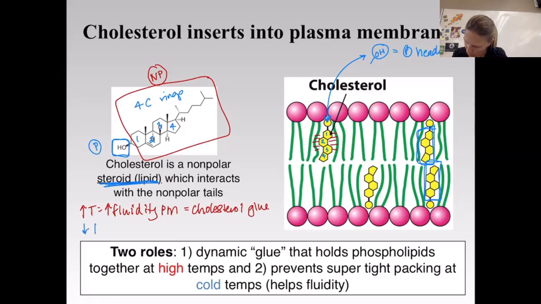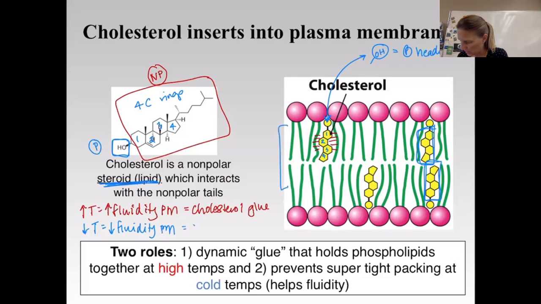In cold temperatures, we already know that you're going to have increased unsaturated, meaning more kinks. Another thing that cholesterol does, however, is that in low temperatures, we know that you get decreased fluidity of the plasma membrane, right? And we also know that if things are less fluid, then the nonpolar tails like to pack in tightly, right?